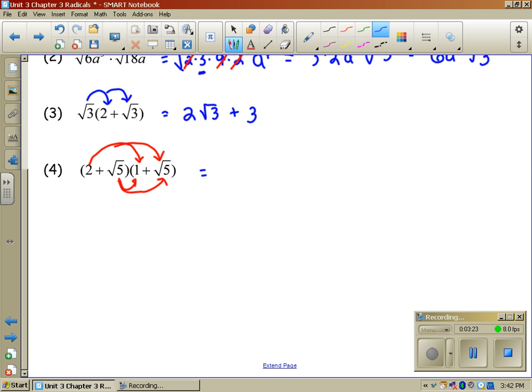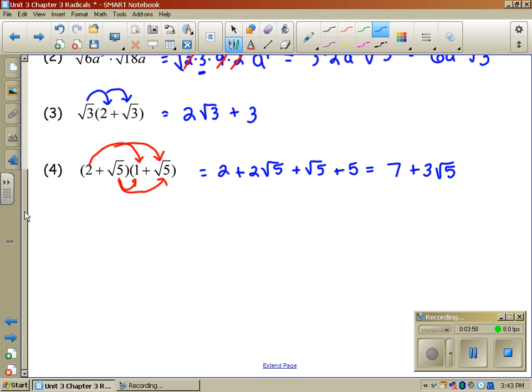So we get 2 times 1, 2 times the square root of 5, square root of 5 times 1, square root of 5 times square root of 5, which is just 5. Combining like terms, we have 2 plus 5, which is 7. We have 2 square roots of 5 plus 1 more, or 3 square roots of 5.